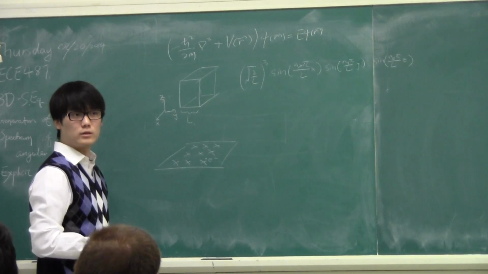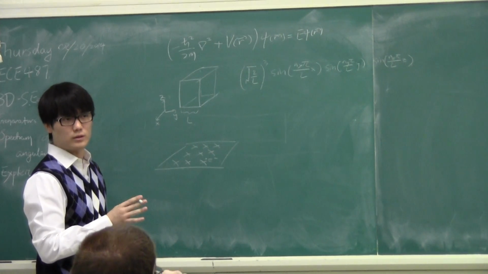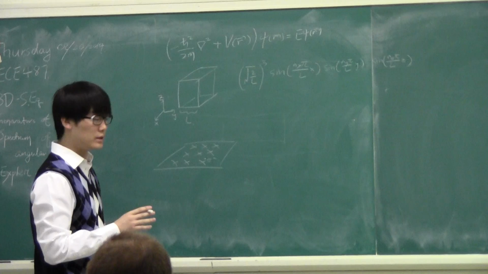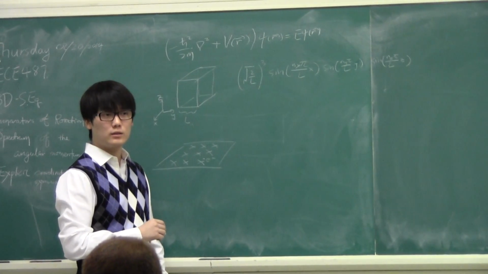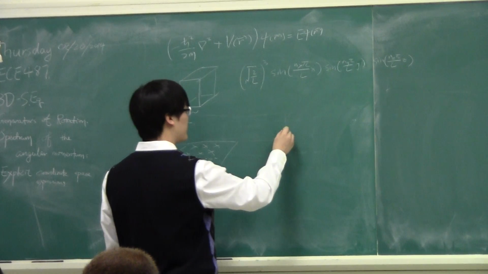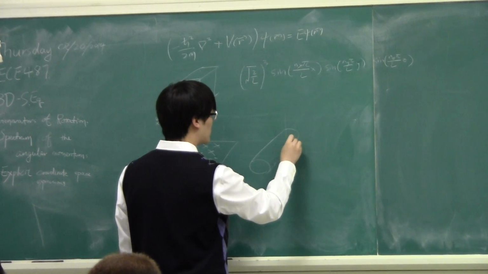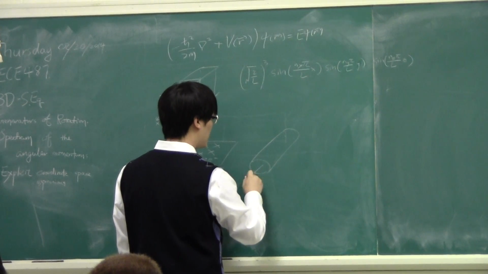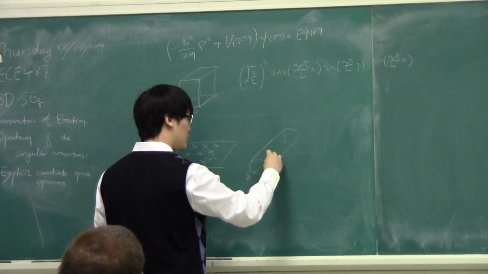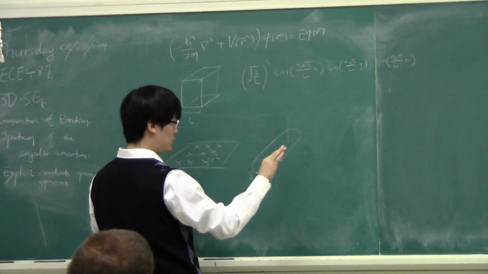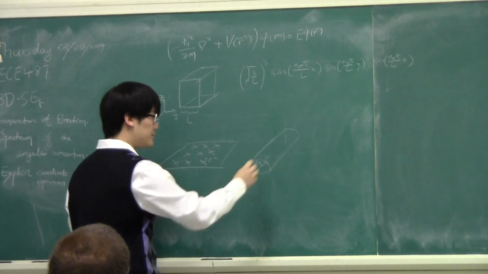The natural coordinate system to use is polar coordinates for this case. And polar coordinates are really no different from cylindrical coordinates. Then maybe we can talk about an ideal quantum wire. Maybe the z direction is defined this way, and then you have the rho direction, and this is the phi direction.